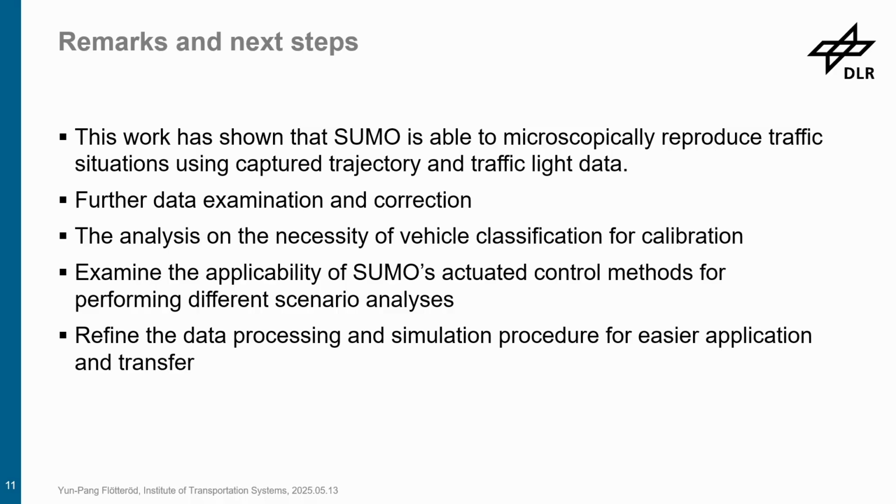If we don't have the control mechanism, then we cannot try different scenarios, and that is the case. We don't have the control mechanism. So our idea is to check the applicability of SUMO's actuated traffic control method, and to see if we can just use this method in SUMO and get a similar or representative result.